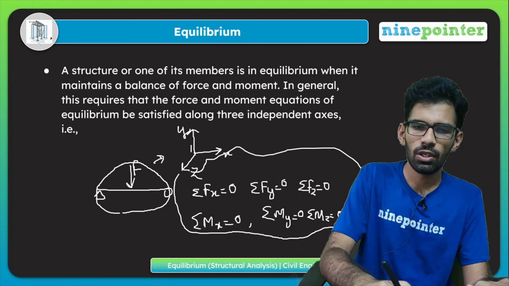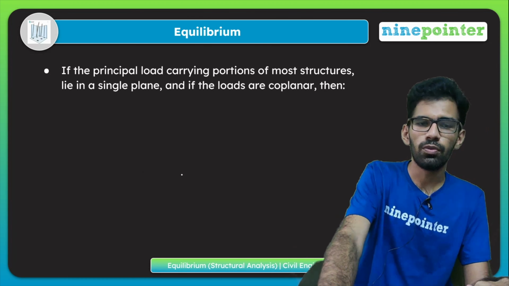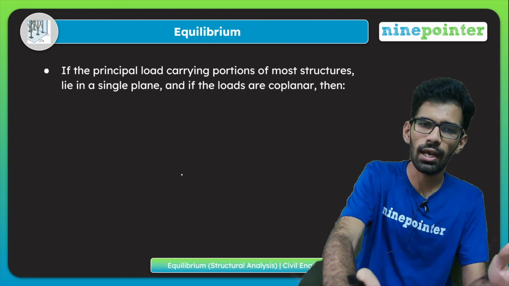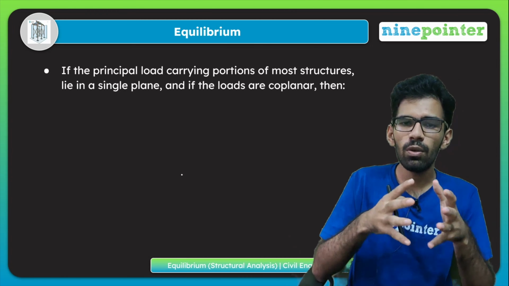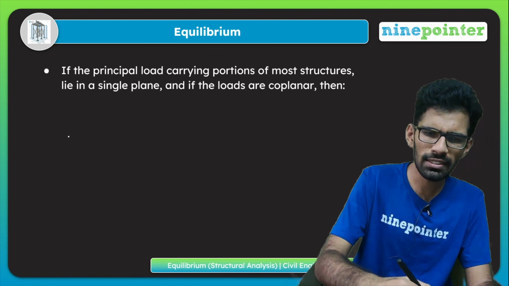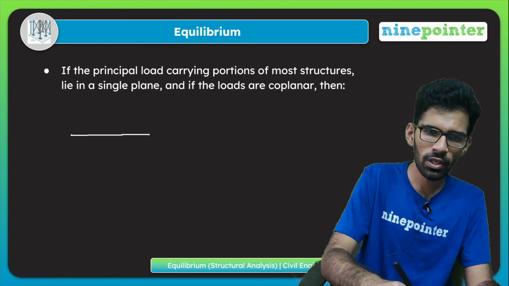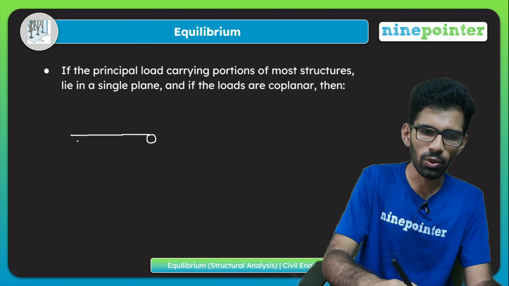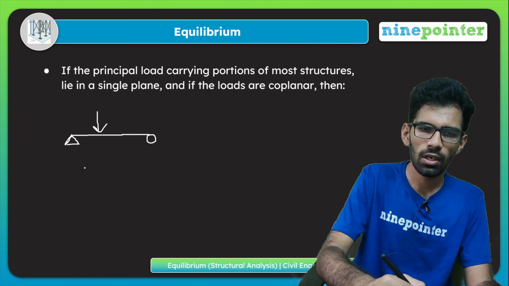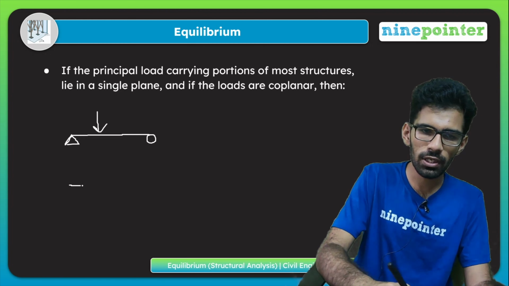Okay, so now let's move on and see. If the principal load carrying portions of most of the structure lie in a single plane, and if the loads are coplanar, then okay, so if the loads are coplanar, let's take the same example as we took. तो उसमें क्या था कि we had a roller support here, we had a hinge support here, we had a force here. Okay, तो हम लोग ने FBD बनाना तो सीखा था पिछले क्लास में.